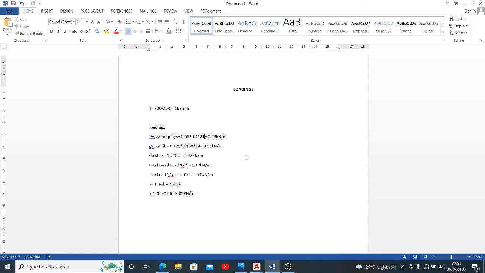Now to obtain our ultimate design load, we use 1.4 Gk plus 1.6 Qk, and we obtain a final result of 3.02 kilonewton per meter. With this load, we can continue our journey into the design of our rib slab.